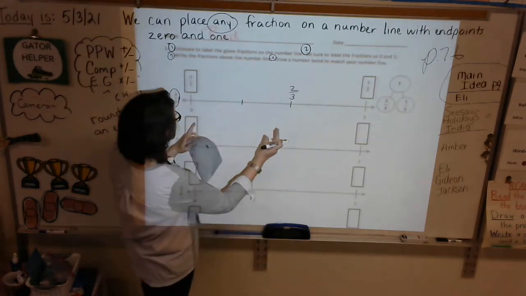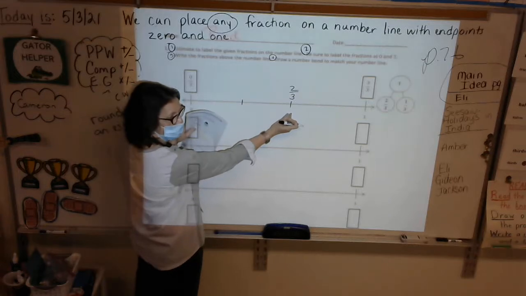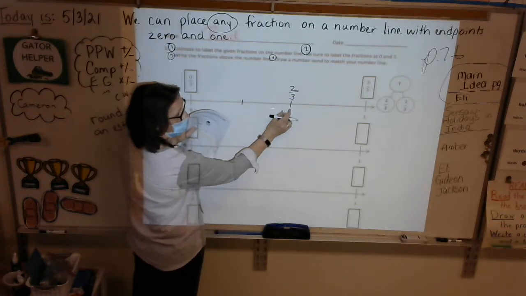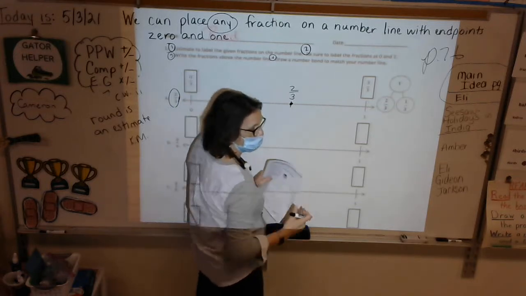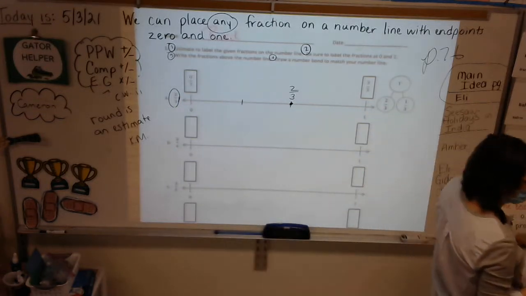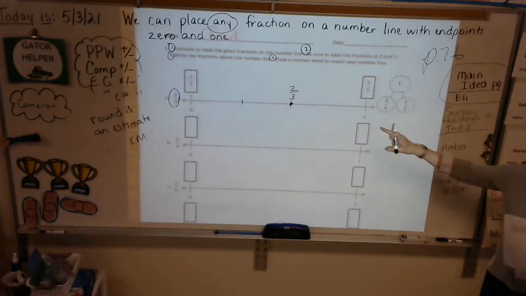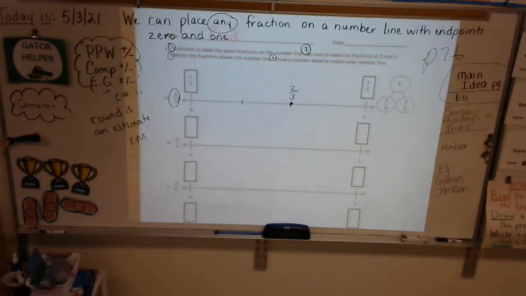Well, let's look at the first part of our number line. How many thirds have we counted, class? 1/3, 2/3. If we're at this point right here, go ahead and put a point on your number line to show 2/3. Put it right on. Remember, I don't want you to show this.